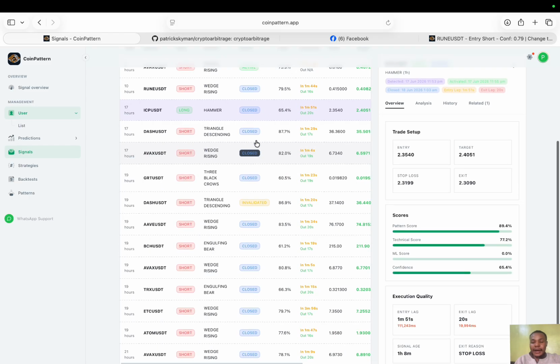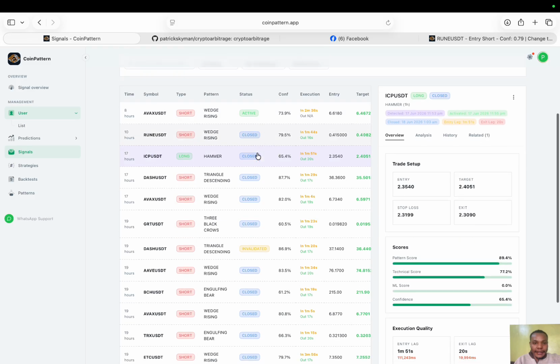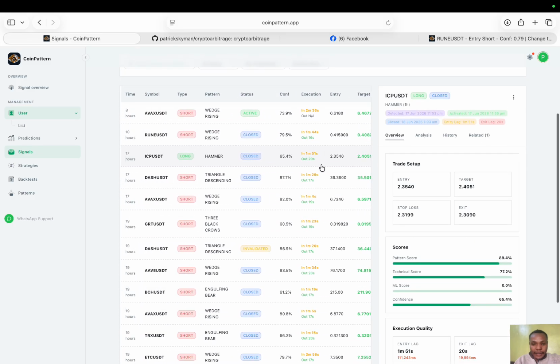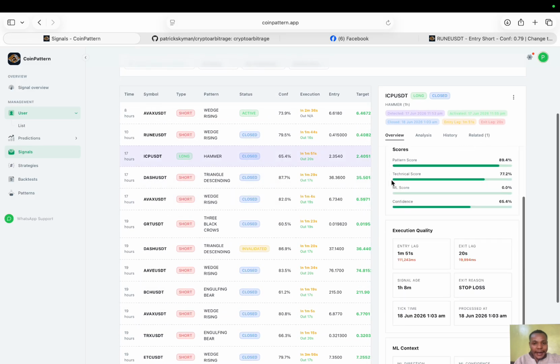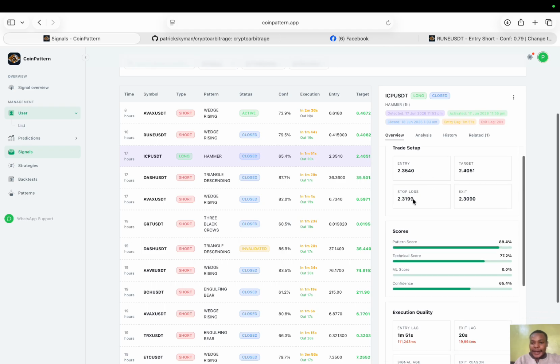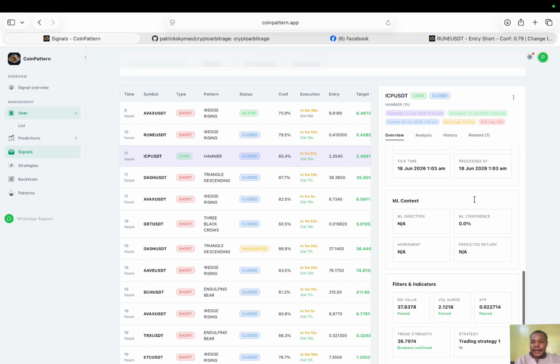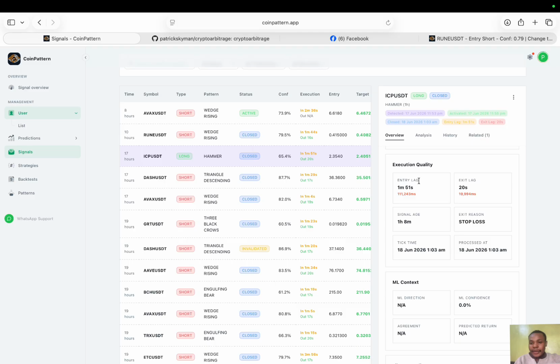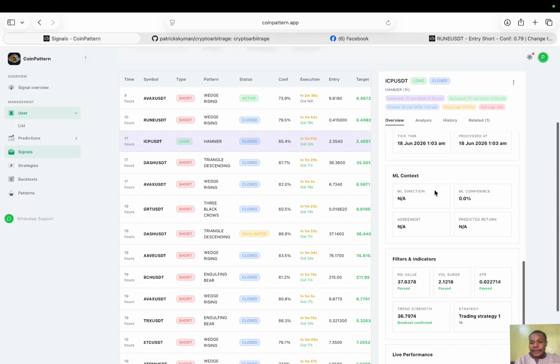So this is going to be a bullish pattern, and this was SCP. This was a hammer. Unfortunately, it was a loss, and we had set our stop loss at 2.31, which is 1%, and then the exit price was activated. The entry lag was 1 minute 51 seconds, and the exit lag was 20 seconds.